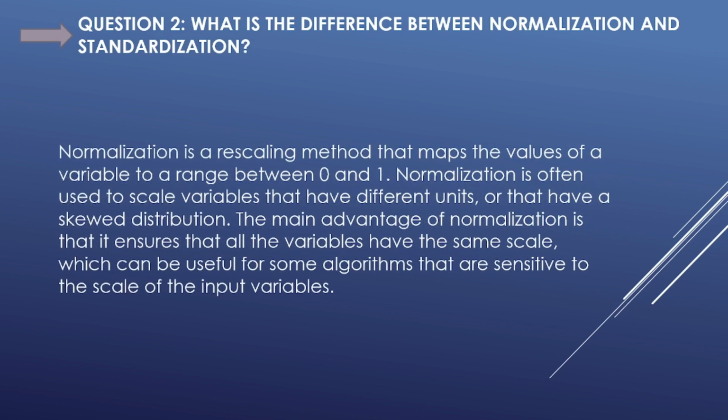Normalization is a rescaling method that maps the values of a variable to a range between 0 and 1. Normalization is often used to scale variables that have different units or that have a skewed distribution. The main advantage of normalization is that it ensures that all the variables have the same scale, which can be useful for some algorithms that are sensitive to the scale of the input variables.